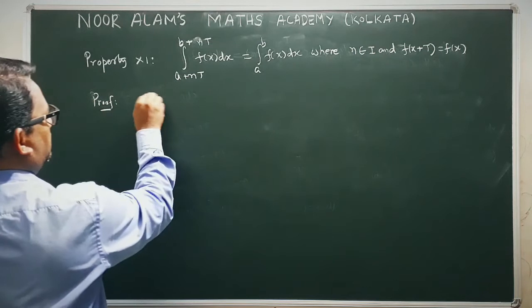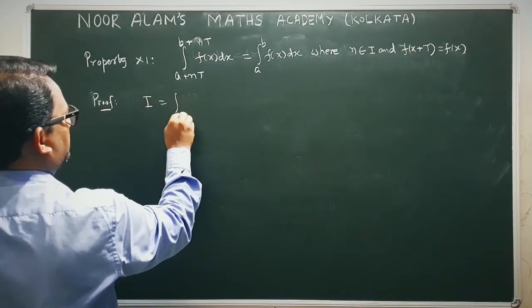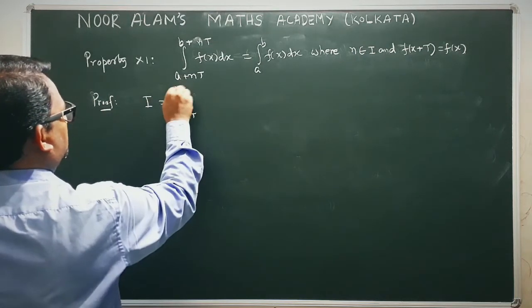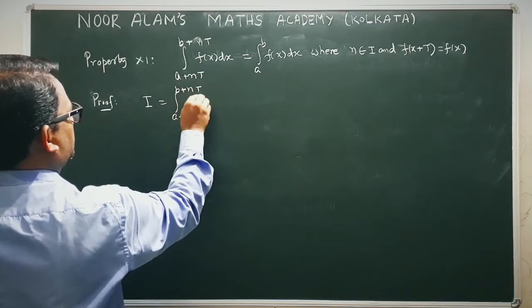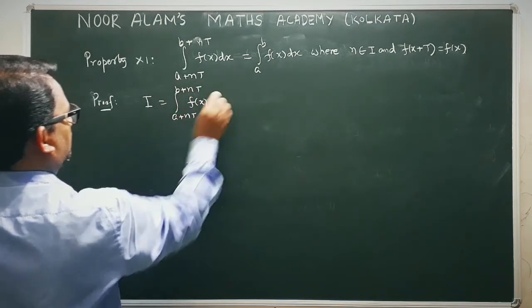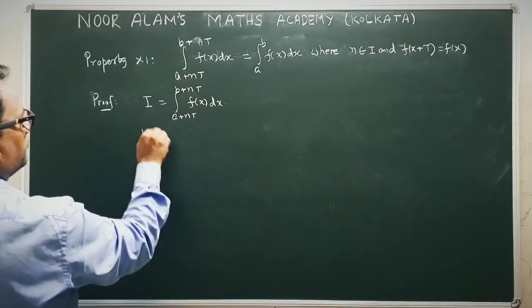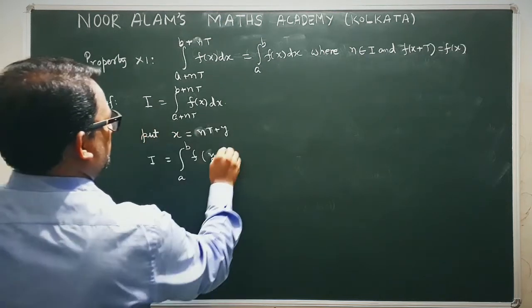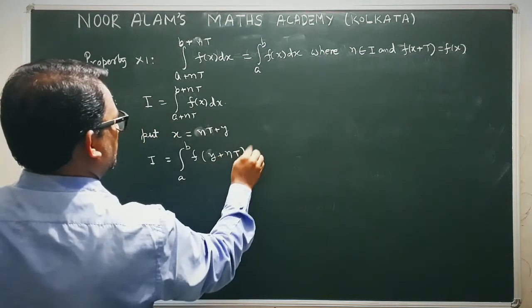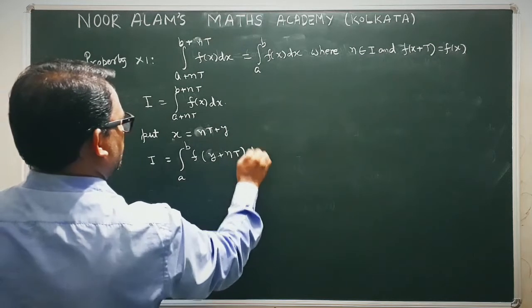Now the integral is I, equal to, we assume, a plus nT to b plus nT f(x) dx. Now here we put x equal to y plus nT, and dx we can write as dy.